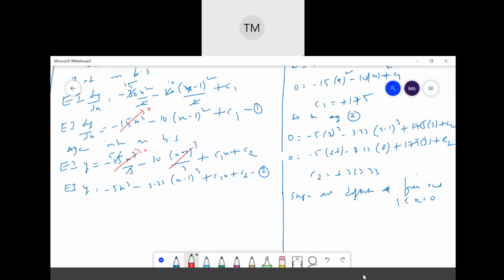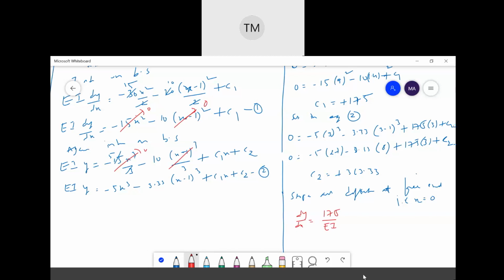Here x minus 1, 0 minus 1 means minus 1 whole square. Here the distance is 0, and 0 means 0 minus something, it will be 0. The remaining term is 1 C1. C1 is how much? 175. Then slope dy by dx is equal to C1, that is 175 by EI.